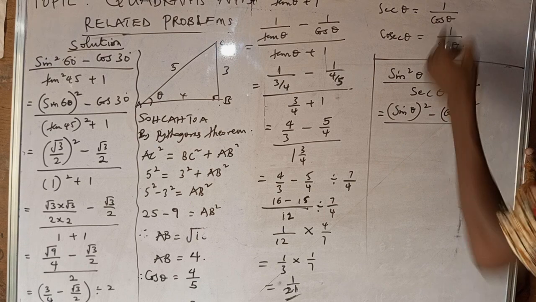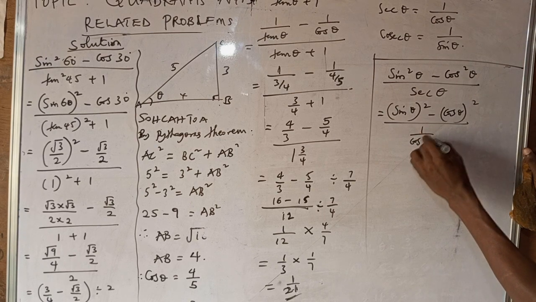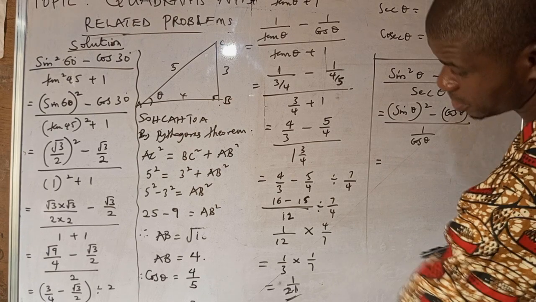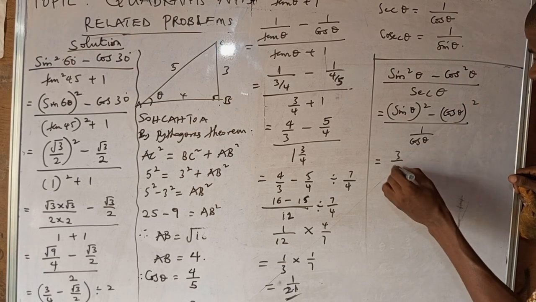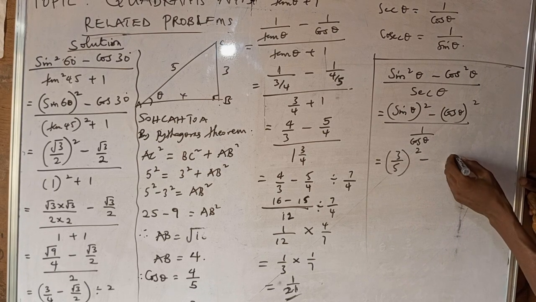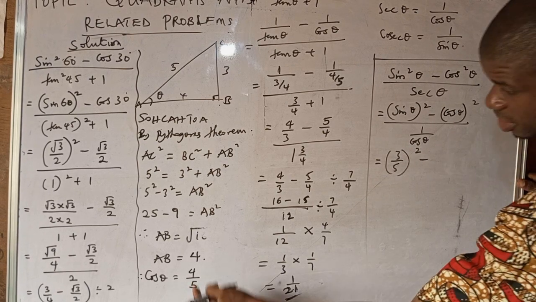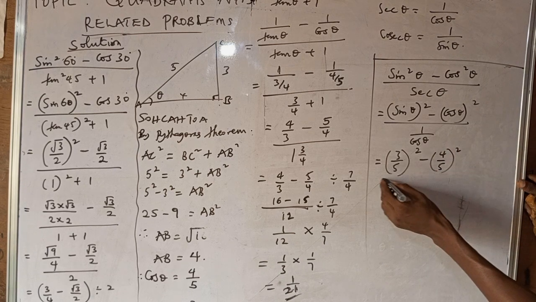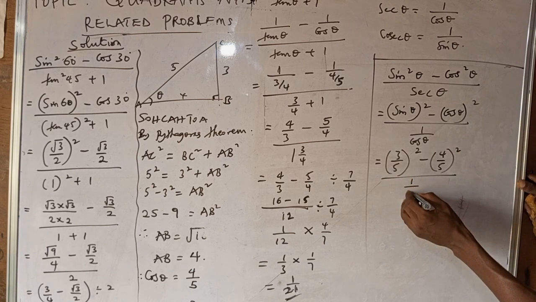Sec theta is 1 over cos theta. So sin theta is 3 over 5, minus cos theta, which is 4 over 5, divided by 1 over cos theta, which is 1 over 4 over 5.